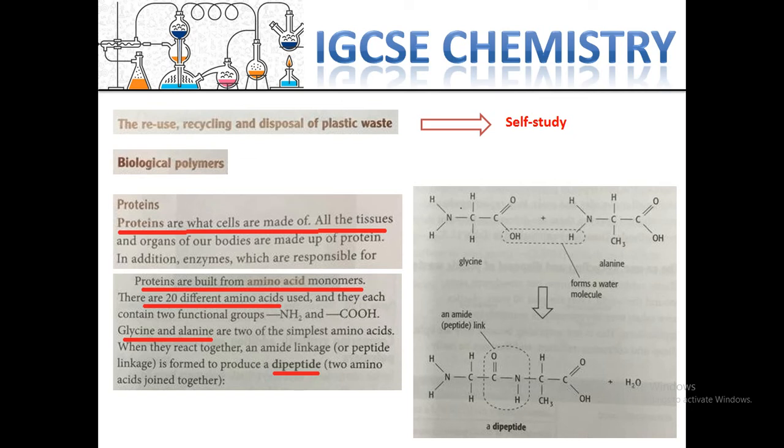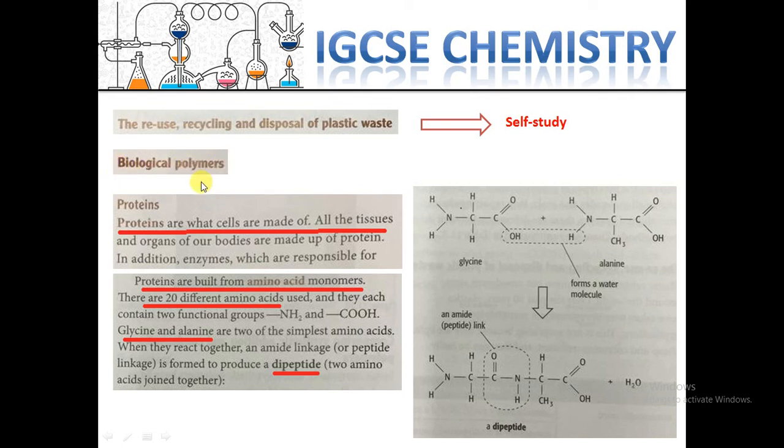There is a connection between the monomers, so the monomers will not be easily separated again. All monomers are connected to each other, so they will not be broken down easily. This part is for self-study.